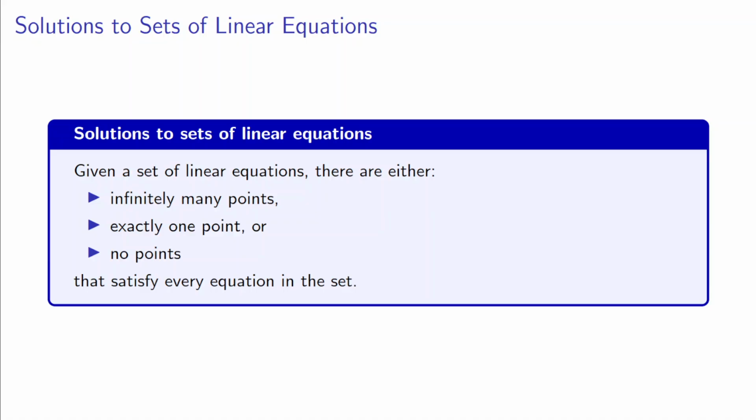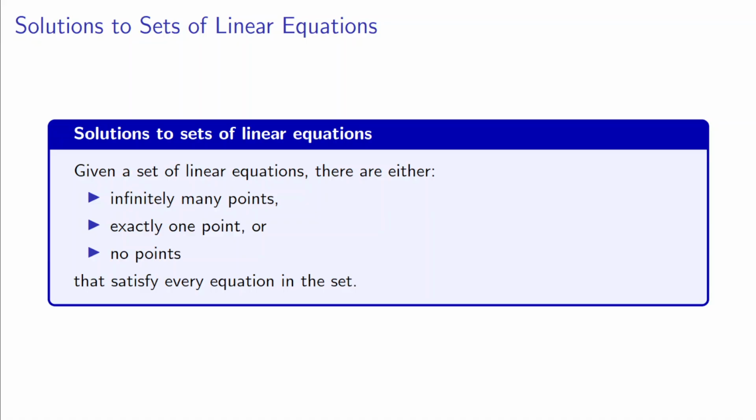That was certainly true of the examples we saw here, and one maybe surprising and very interesting fact we're going to learn in linear algebra is that these are the only three possibilities that we will end up with for any sets of linear equations. That means we can have any number of variables, any number of equations, and the only possible sets of solutions will be infinitely many, exactly one, or no solutions.